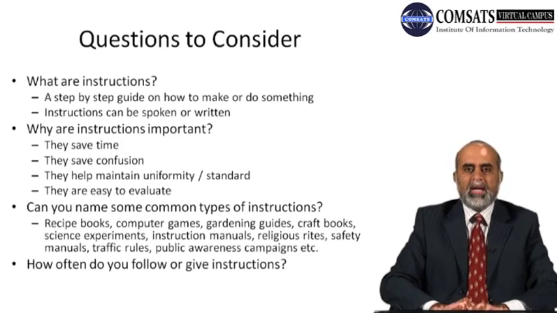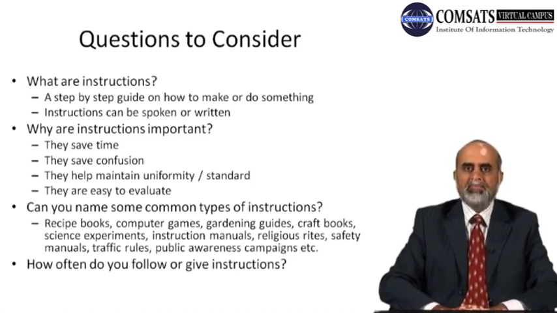Now, in order to give you an idea of how important instructions are, we are going to look at the next question. That is, can you name some common types of instructions? There can be different kinds of instructions, but usually you find written instructions, such as recipe books.